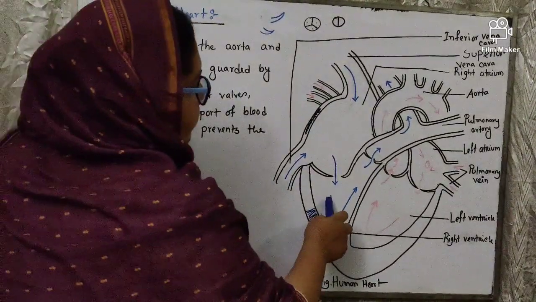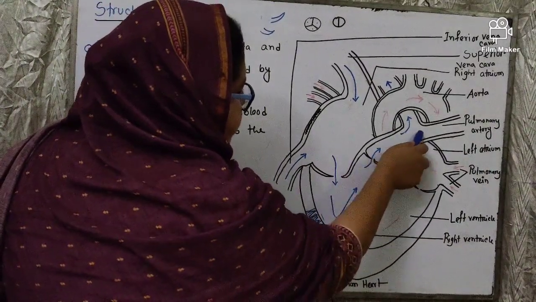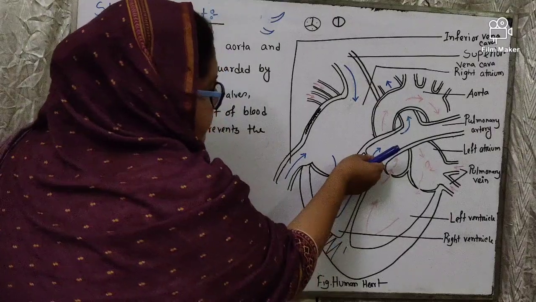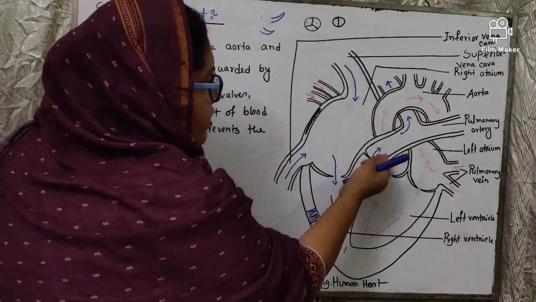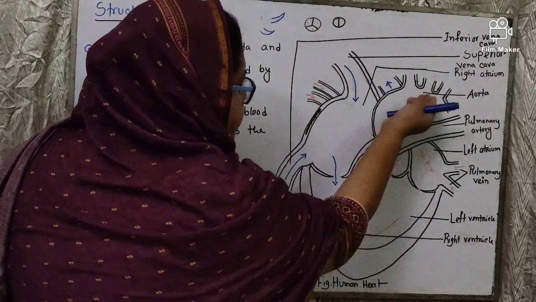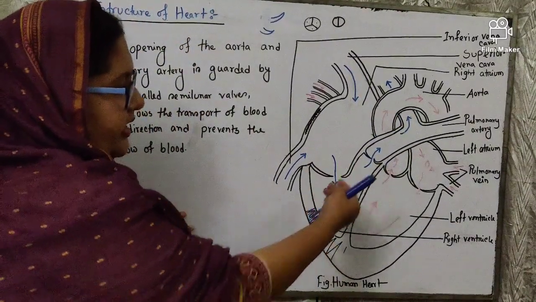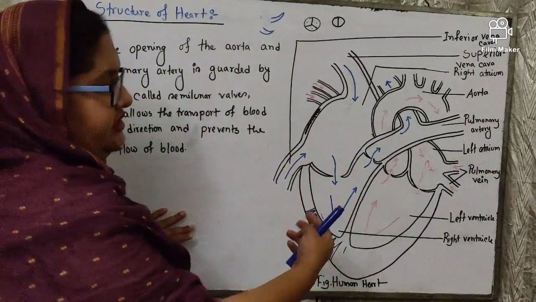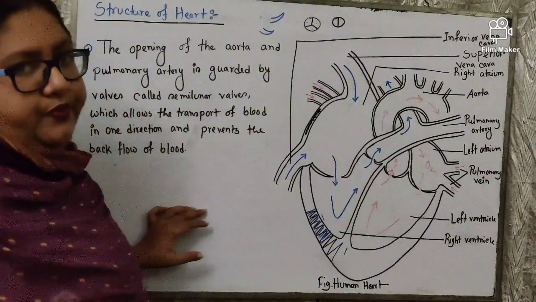It means when the blood is pumped and goes through these channels, these valves will be closed at that time. So it will allow the blood to flow in this direction only. If the blood wants to go back in the reverse direction, these valves resist the flow.